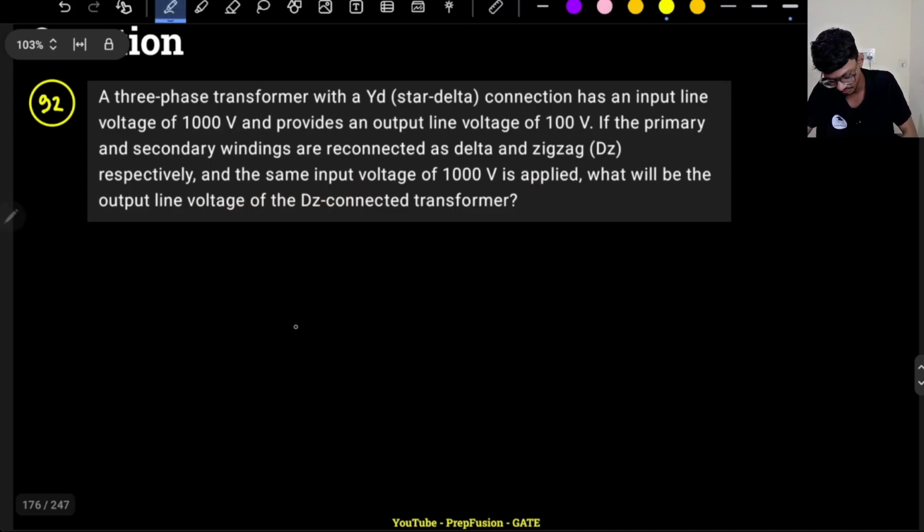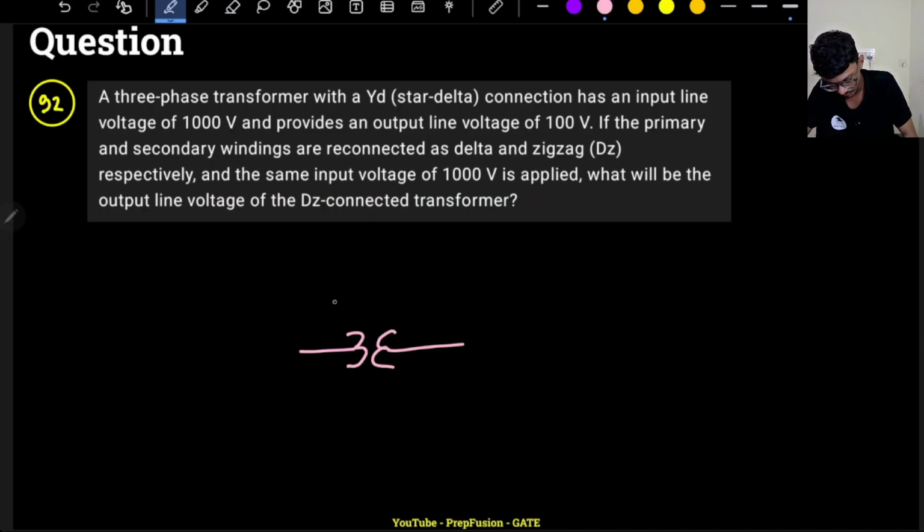So my transformer is initially a star to delta transformer.